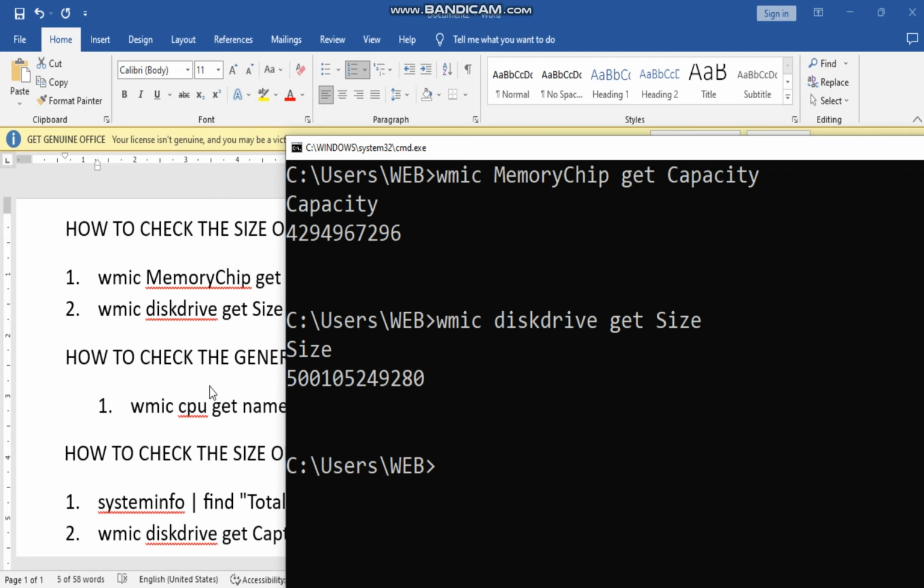What is the best way to get the size of RAM or ROM?